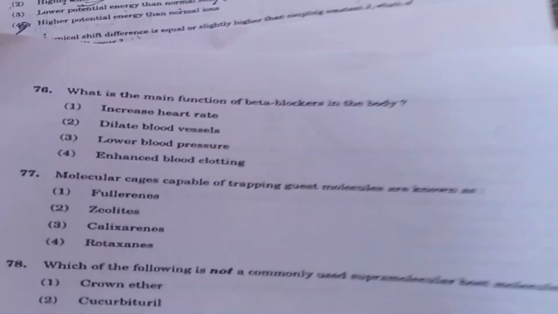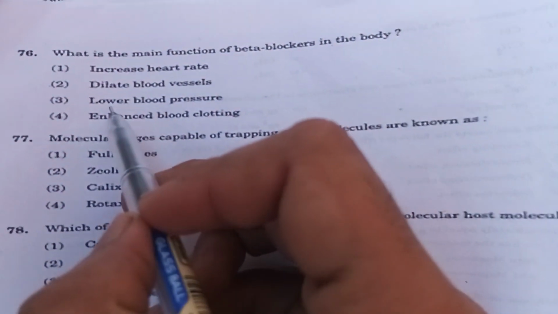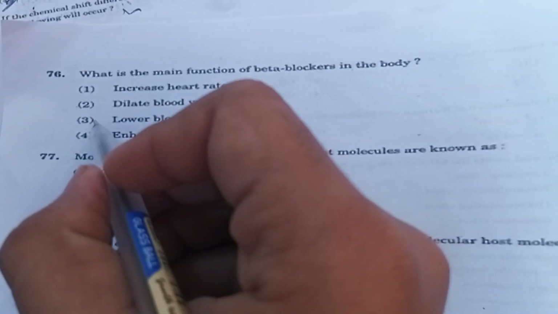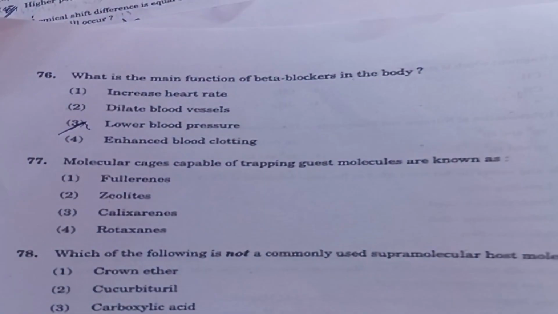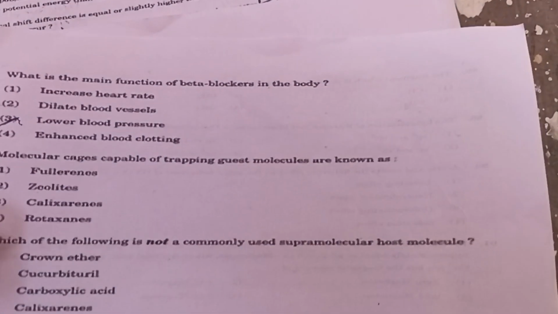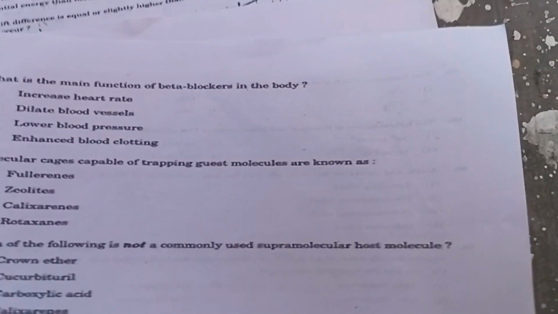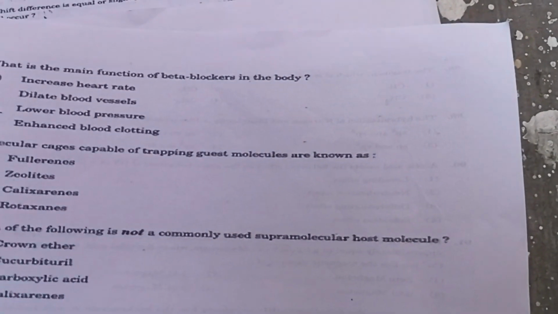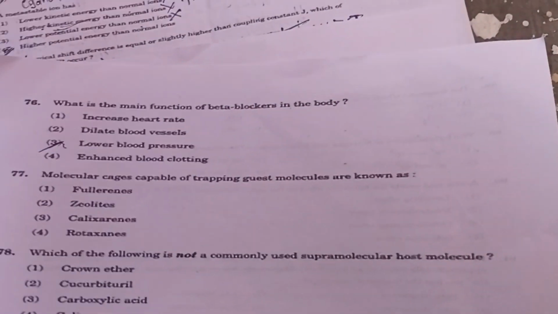Beta blockers are those which will reduce the blood pressure. They reduce the blood pressure since they reduce the heart rate, which we call a negative chronotropy, so that they reduce the blood pressure.